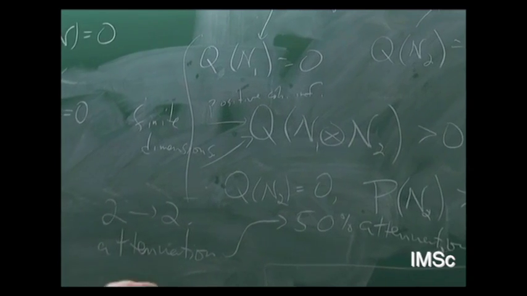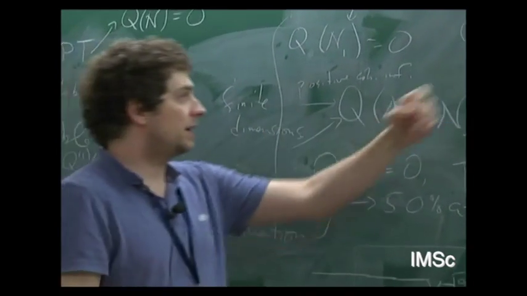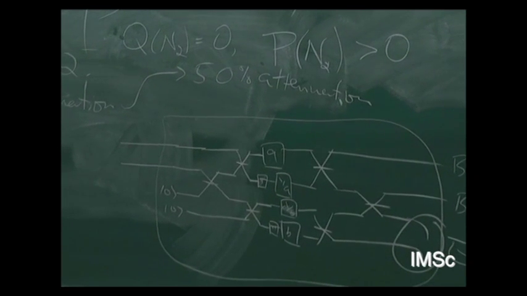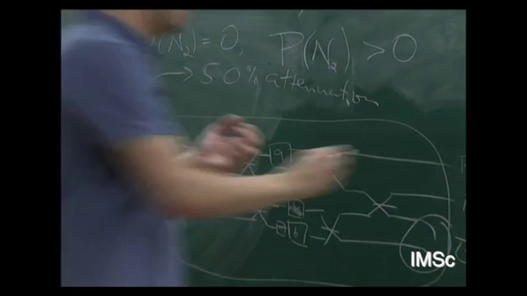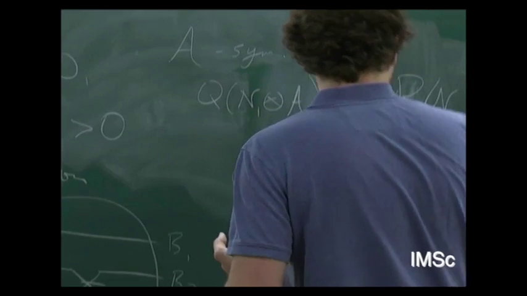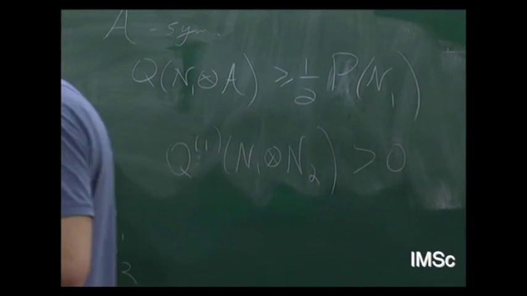In the case of Gaussian states, what I have is an example that I know has zero quantum capacity and is PPT, and I combine it with something else, and that gives me a positive joint coherent information. So when I evaluate this Q1 on N1 tensor N2, that's positive. But I don't know anything about what the private capacity is.